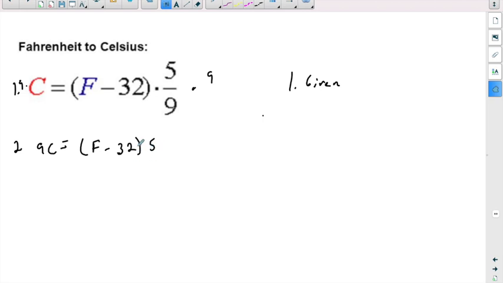From there, all of this is being multiplied, so I'm going to divide by 5 on both sides of my equation. I'm going to keep up with my multiplication division property.